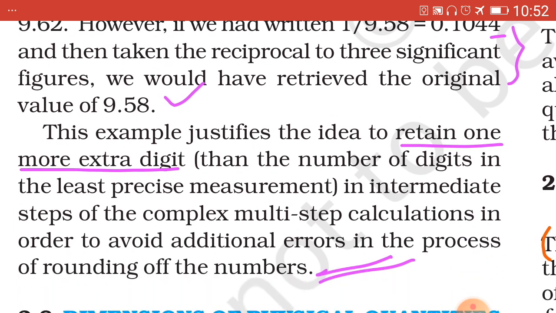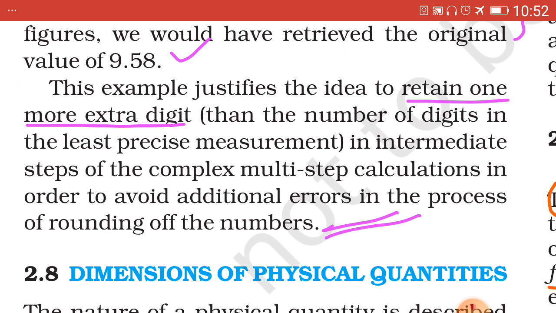Hence, this example justifies the idea to retain one more extra digit.